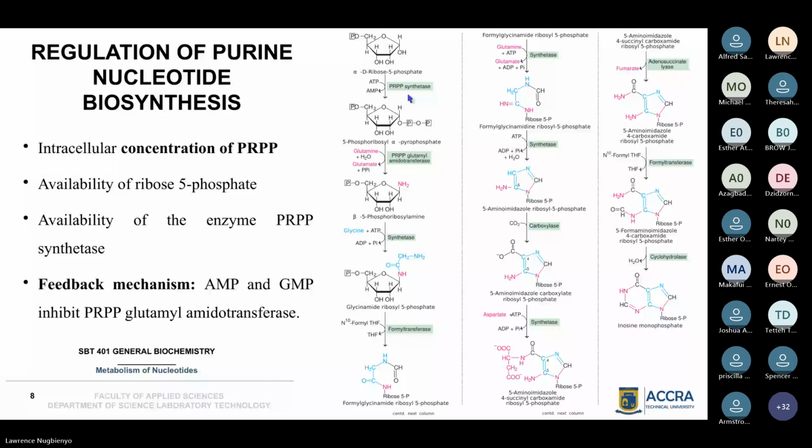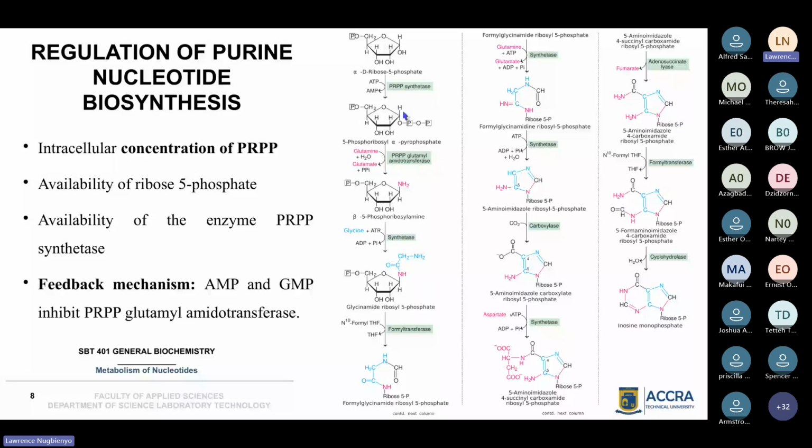To some extent, you can say that you also need energy, which is ATP, which is giving us the very first phosphorylation, the two phosphate groups that come to bind to that ribose 5-phosphate to give you its pyrophosphate. So at least you need three things for the reaction to occur.